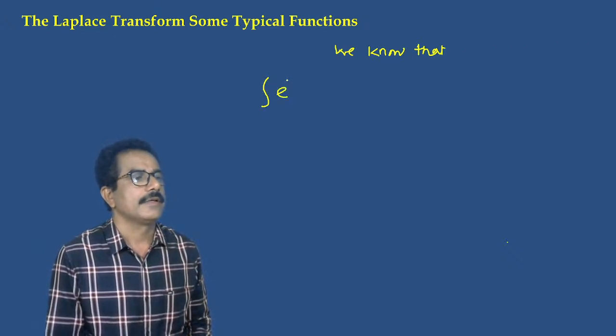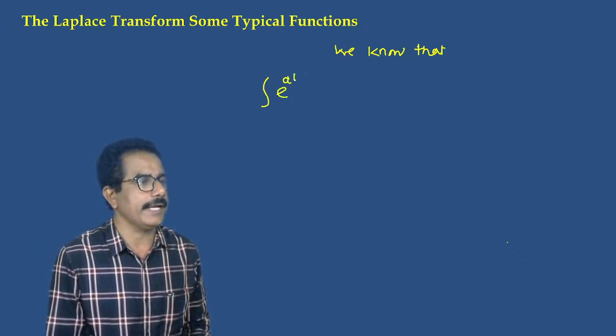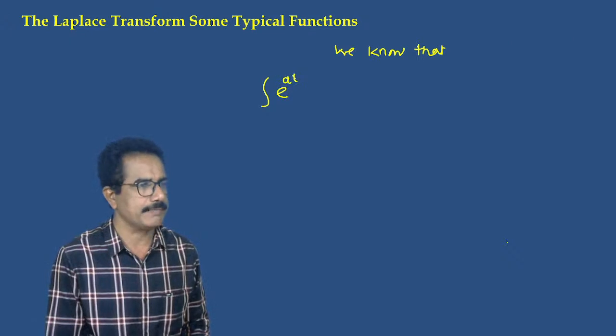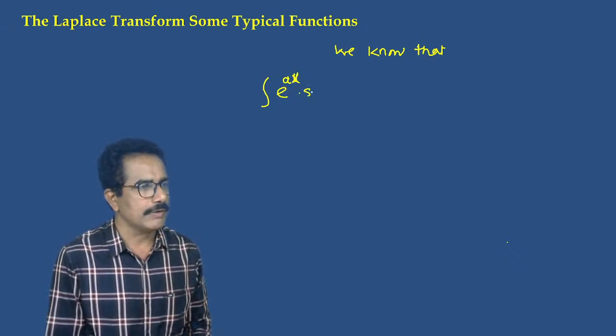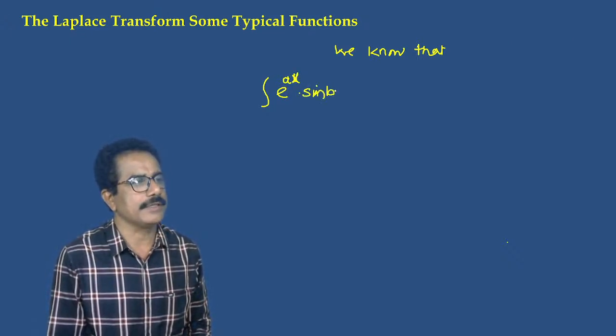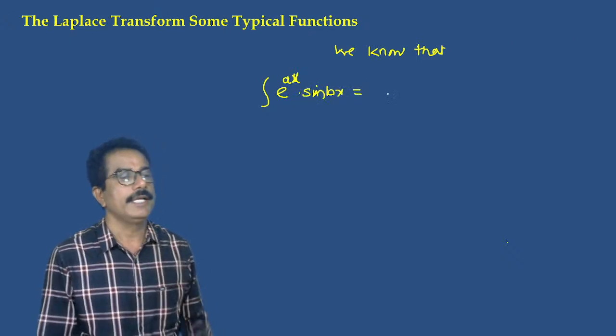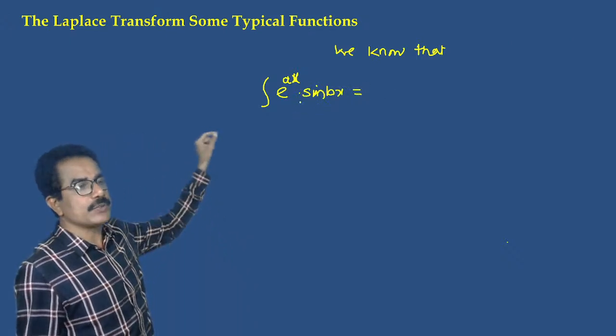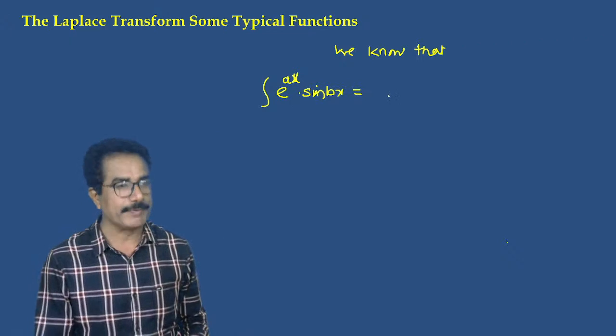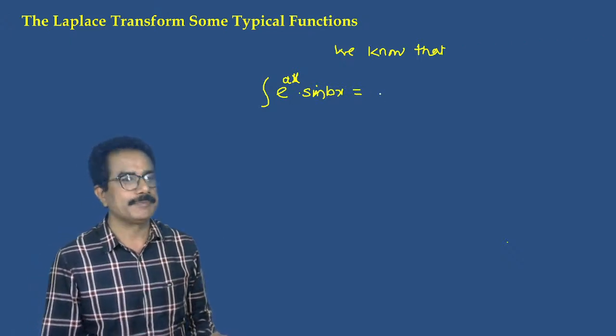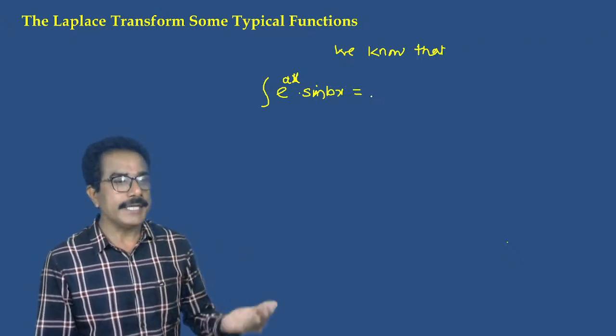Integral of e raised to ax into sin bx. This formula which we have to use. Integration of e raised to ax into sin bx. Actually, this is the integration.